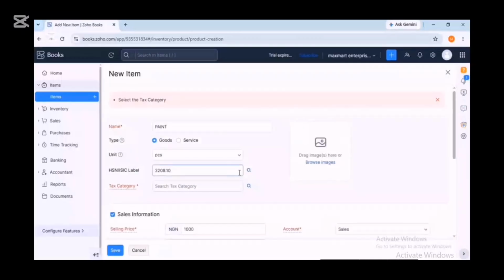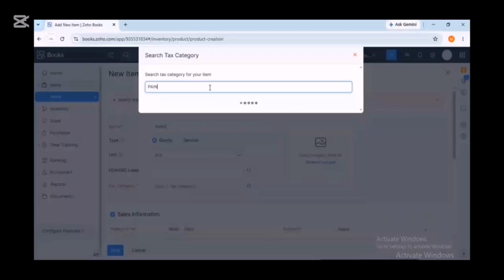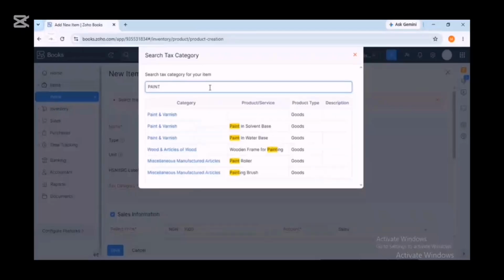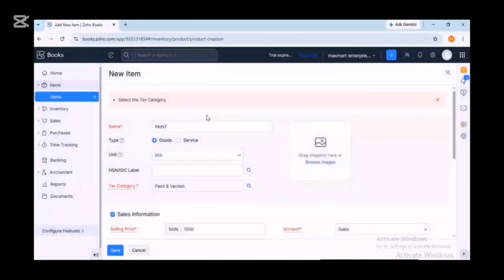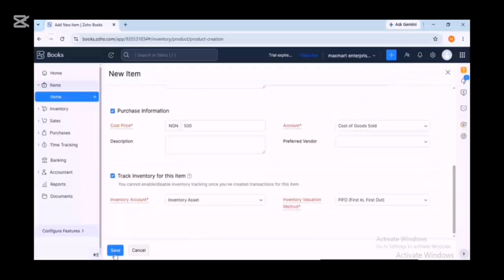So we save. Okay, so I didn't select the proper category of the item. So let's select here, make a search to see the one that is applicable. So which one goes for paint? Okay, select paint and varnish. All right. So all these things are so that it will be traced whether it's vatable or not. So we save up.